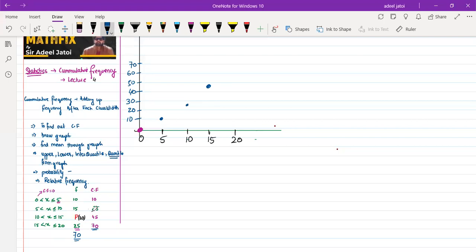Then we have 20, and at 20 we have 70. We'll mark it as 70 here.